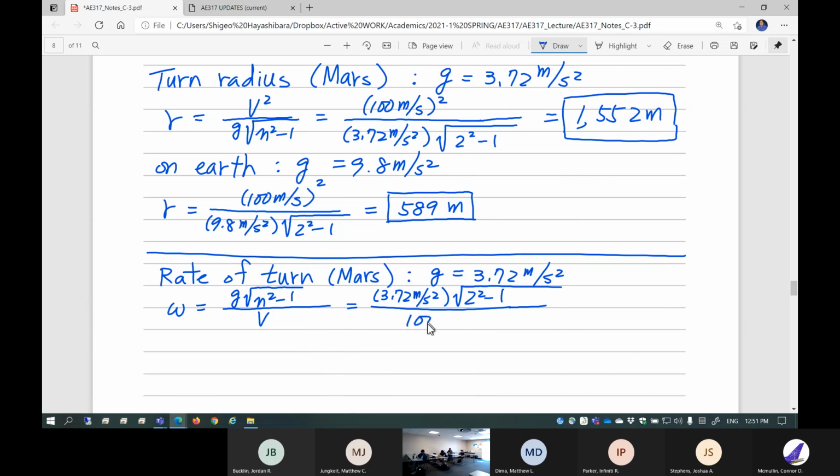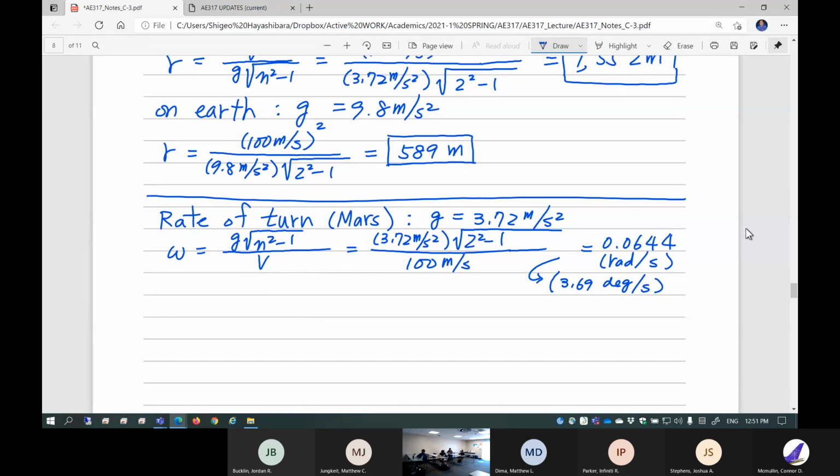Velocity is simply 100 meters per second. If you plug in, 0.0644. Unit is radians per second. Actually, if you convert it to degrees, 3.69 degrees per second. So this is rate of turn on Mars.